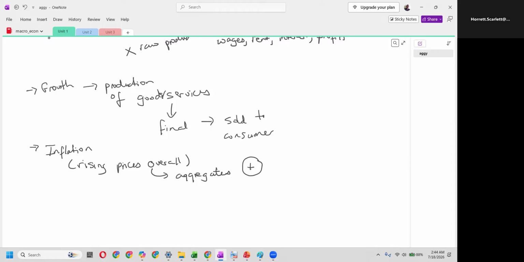If the prices are going up, then it means that inflation is going up. And what this does is it reduces the purchasing power. And the impact of the reduction of purchasing power is that consumers are going to be able to buy less.